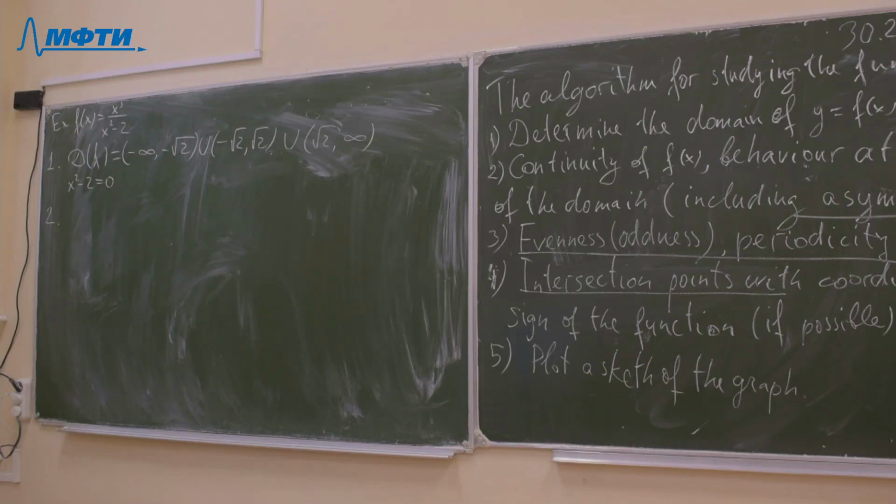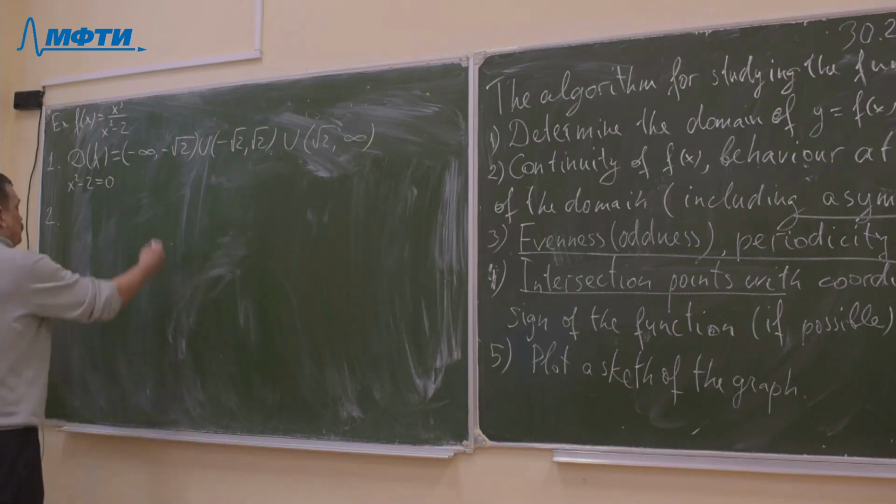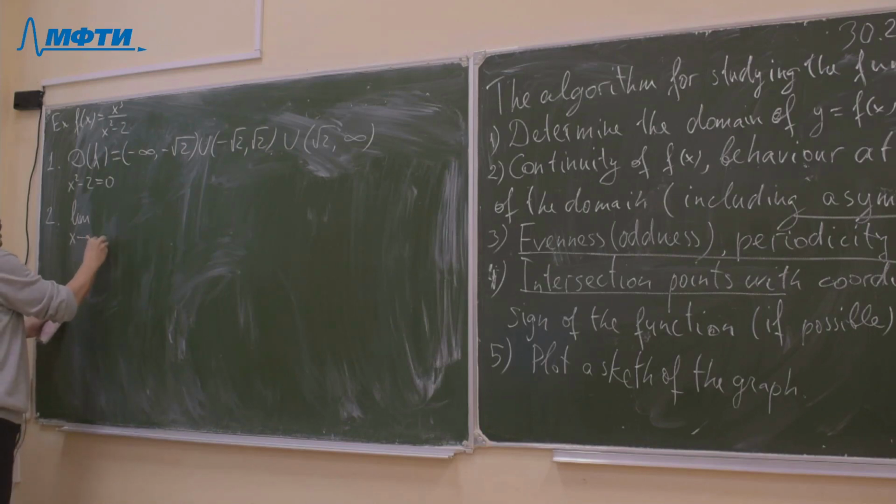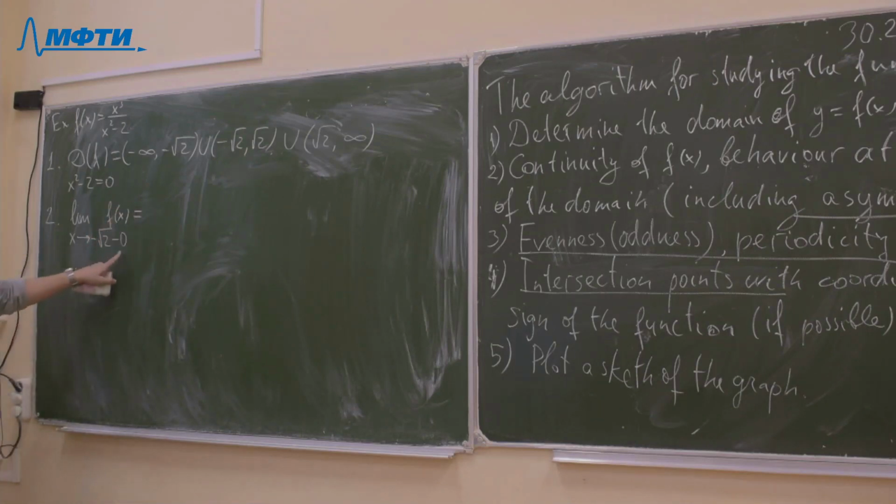So, behavior at boundary points. If we compute the limits, x tends to minus square root of 2 minus 0 of f of x, you see that here it is more convenient to firstly study the third step, but okay, it doesn't matter.